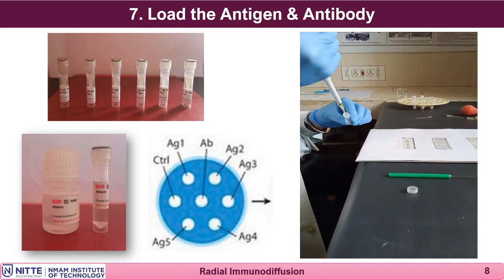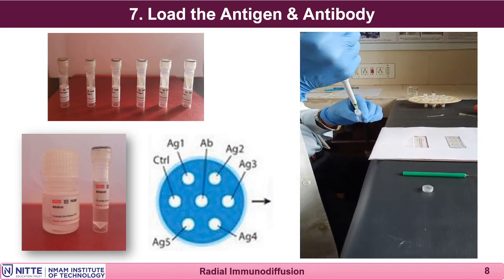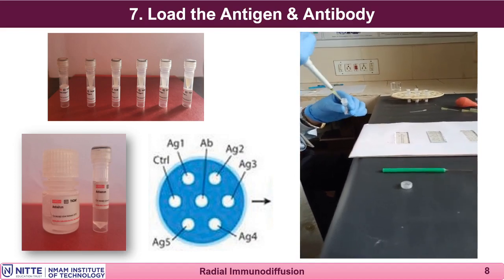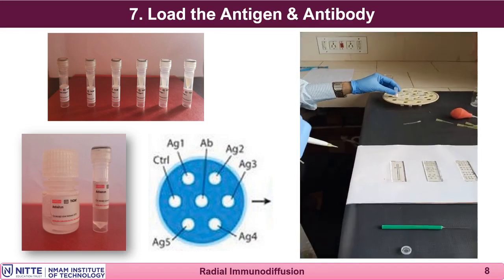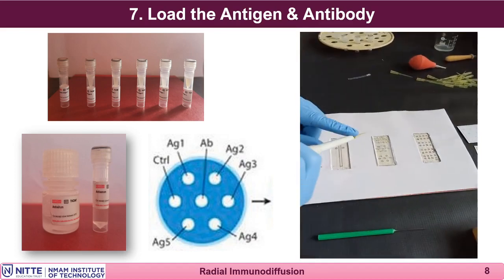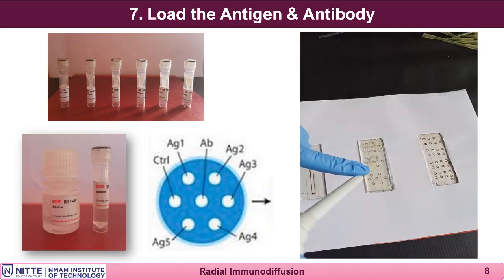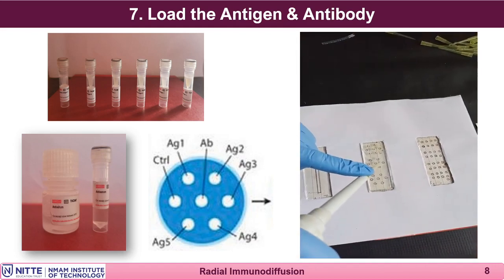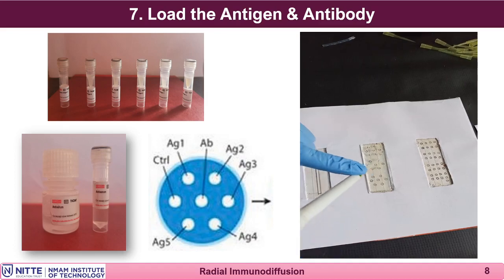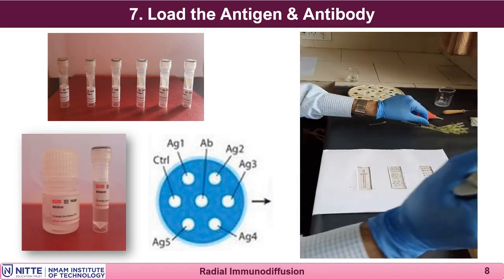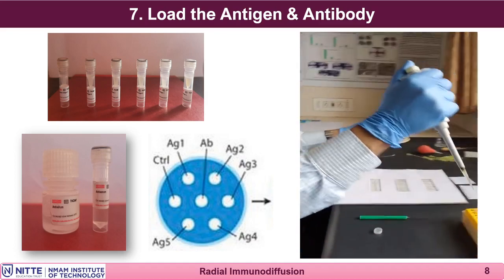And please see to it that the loaded sample does not overflow over the well. Overflowing will spoil the test. And gently touch the tip of the micropipette tip to the corner of the well and load the sample.